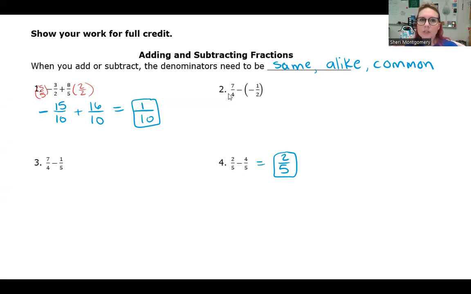For question number 2, this one, I can just multiply the 2 to get 4. So what would I multiply this fraction by? 2 over 2, yep. I also see something else that with this one, I have minus, minus, so I could go ahead and change that to a plus as I rewrite it.